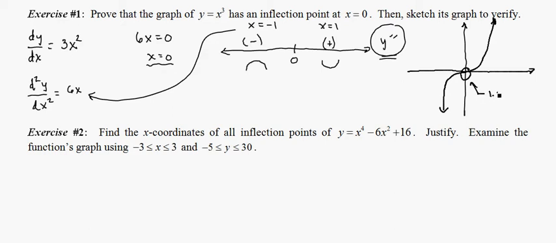It's an inflection point because clearly here it's concave down in this region, and here it's concave up. And of course that's exactly what the analysis here told us. But that's a very simple function with a very simple inflection point.